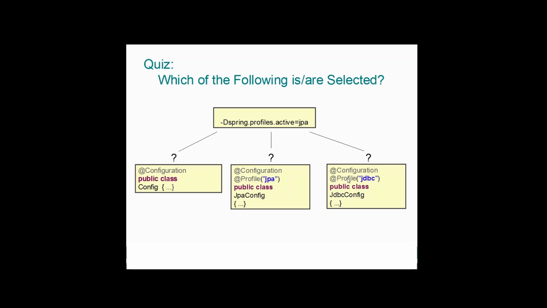The second one, so this will get selected. What about this? No, because that JDBC doesn't match the active profile mentioned above. What about this? It doesn't match the profile either. So maybe my best case will be with JPA.